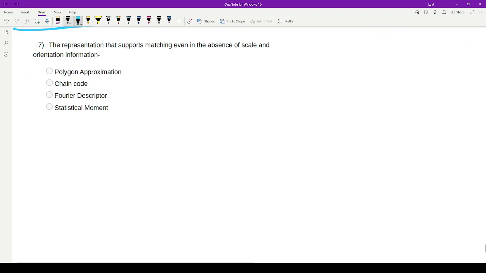So where are we? We are here. The representation that supports matching even in the absence of scale and orientation information is what? These are the representations of what in the first place? These are shape descriptors.